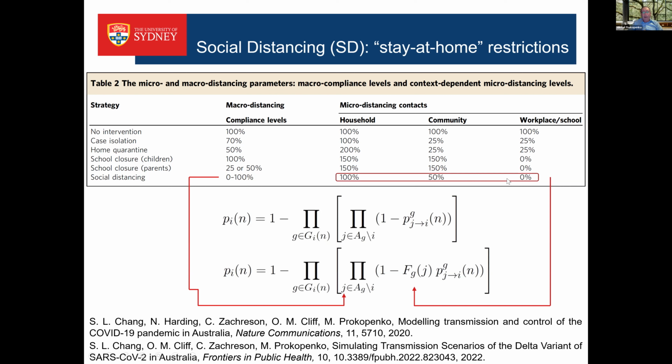So if I no longer interact at workplace, that zero pretty much reduces any probability of infection to zero. That becomes one, becomes one, and the resulting probability is zero. If it's 50%, then the force of infection halves. So it's a very elegant way in an agent-based model to represent social distancing.